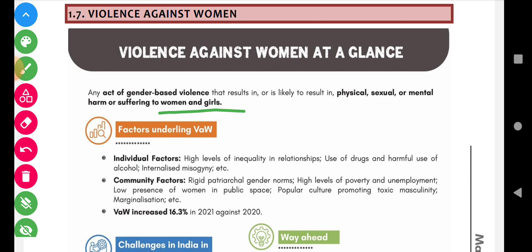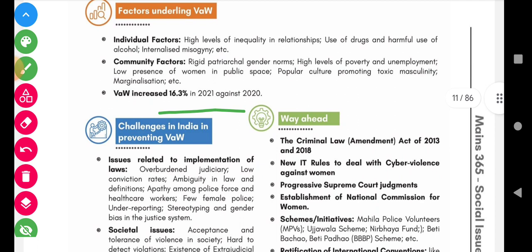So, what are the factors for understanding violence against women? The first factor is individual factors, then community factors, and violence against women increased 16.3% in 2021.